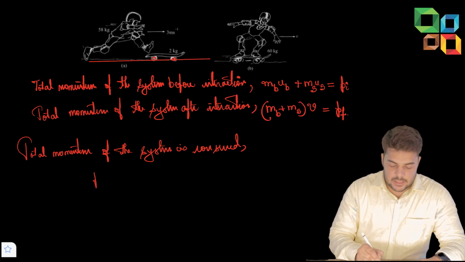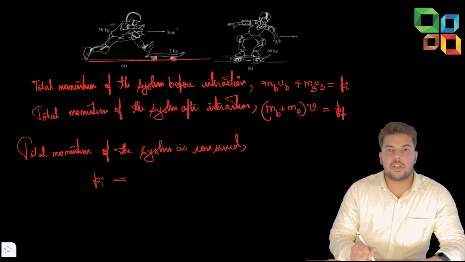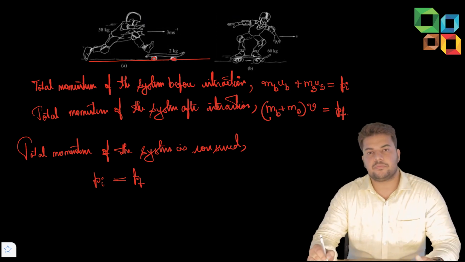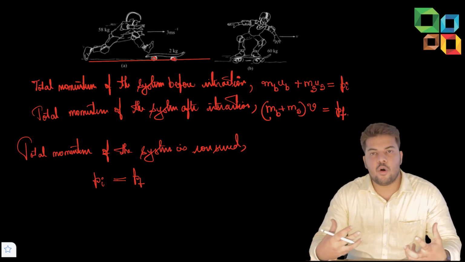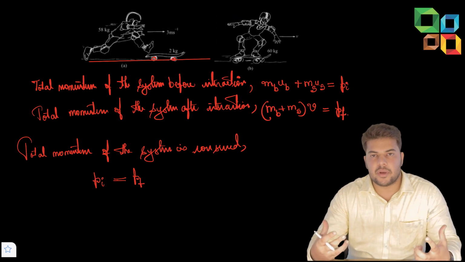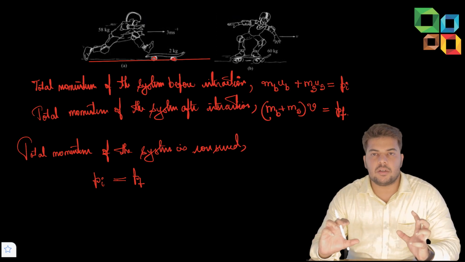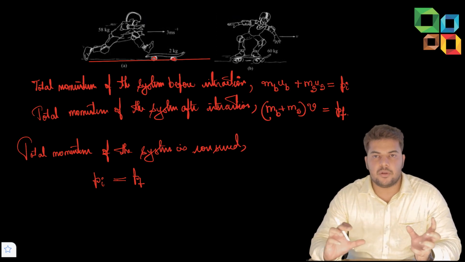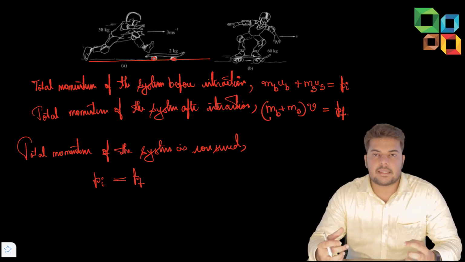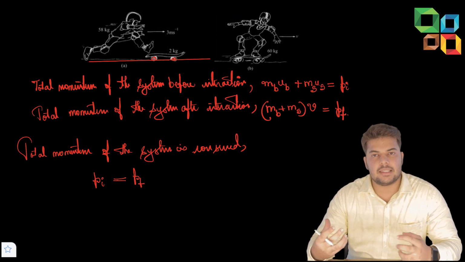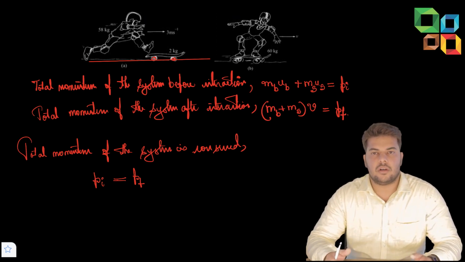So what does that mean? The momentum does not change. Whatever the initial momentum was, the final momentum would also be the same. There is no new momentum coming into the picture unless there are external forces. Momentum cannot just come into the system if there are no external forces acting on it. That's the simplest idea of Newton.